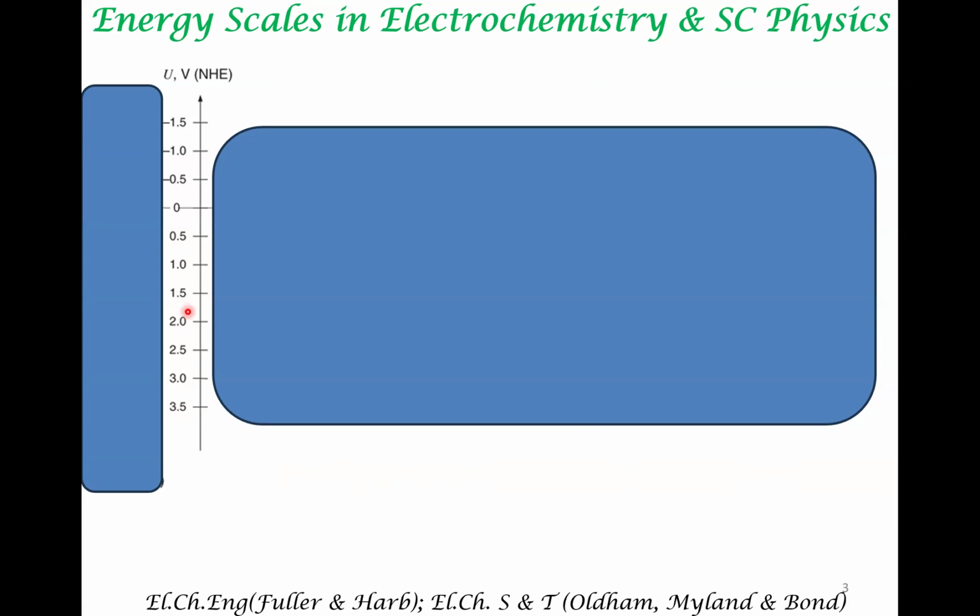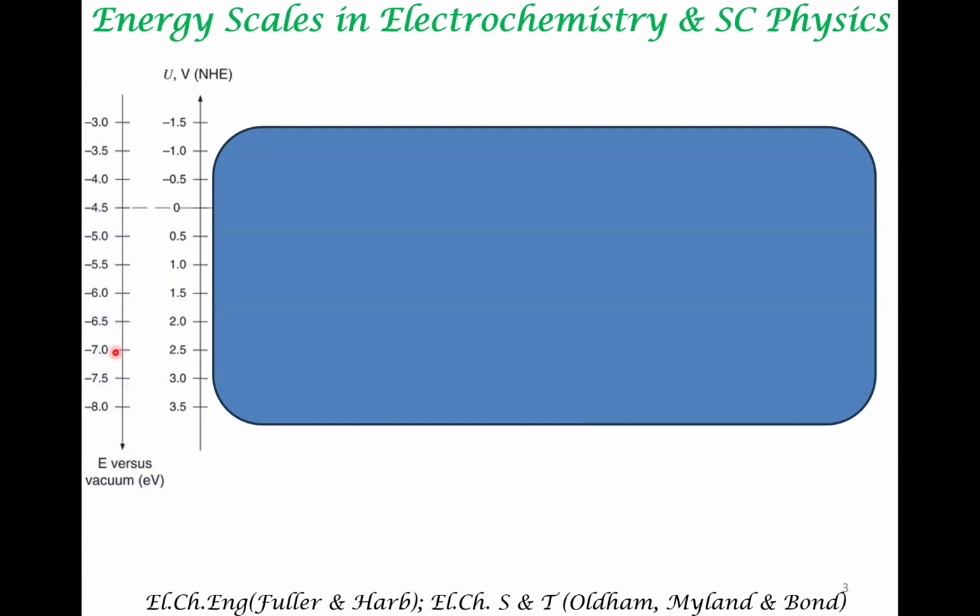However, in semiconductor physics or in solid state physics, we talk about work function, right? So in the previous lecture, we had clarified the meaning of work function. We talk about the work required to remove an electron from a solid and placing it in vacuum, right, at infinity, right?